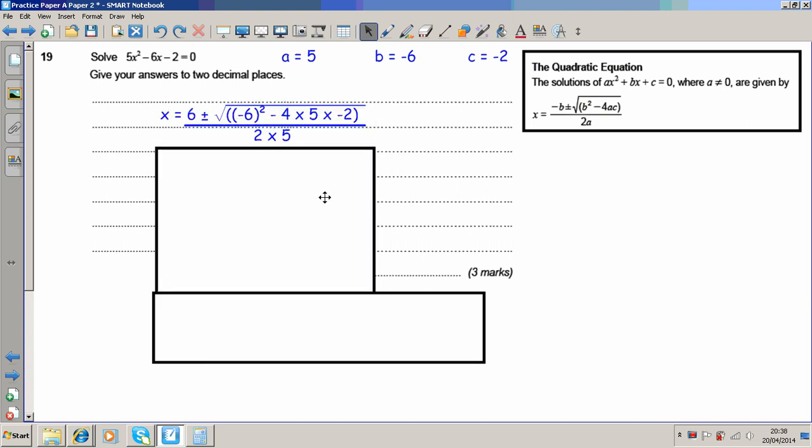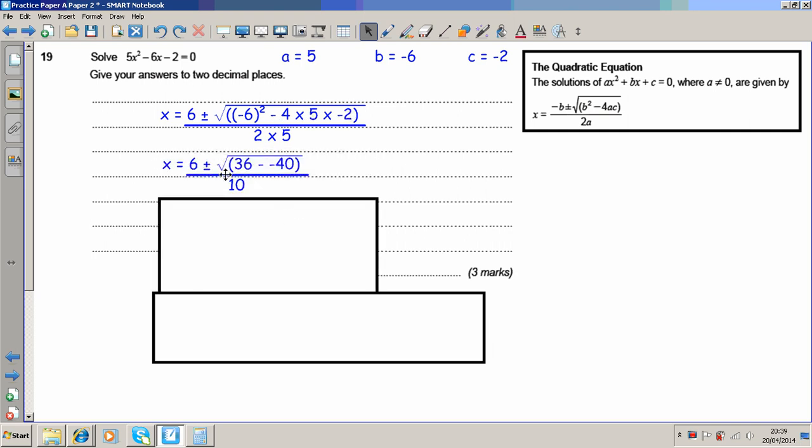So, putting them in, we get minus b, minus 6 is 6, plus or minus the square root of b squared minus 4 times a times c, all over 2 times a. So now working this out, minus 6 squared is going to be 36, 4 times 5 is 20, times 2 is minus 40. So we've got 6 plus or minus the square root of 36 minus 40, divide by 10, 2 times 5.